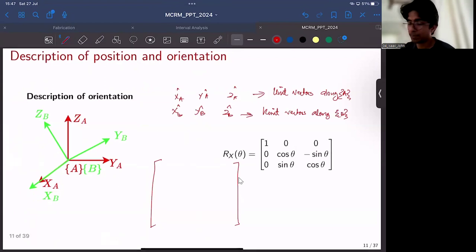It can be done by expanding this matrix of dot products.